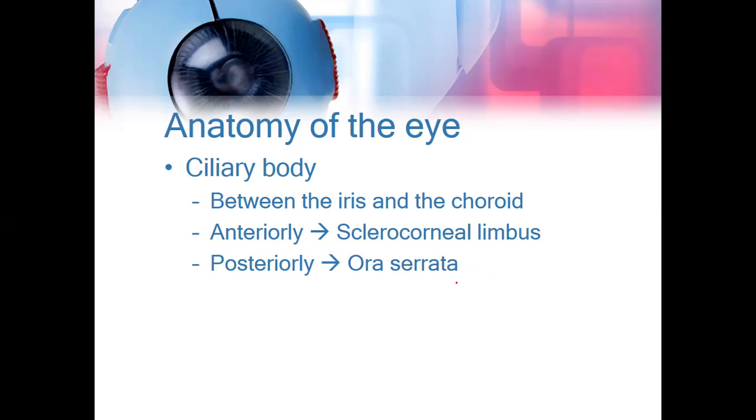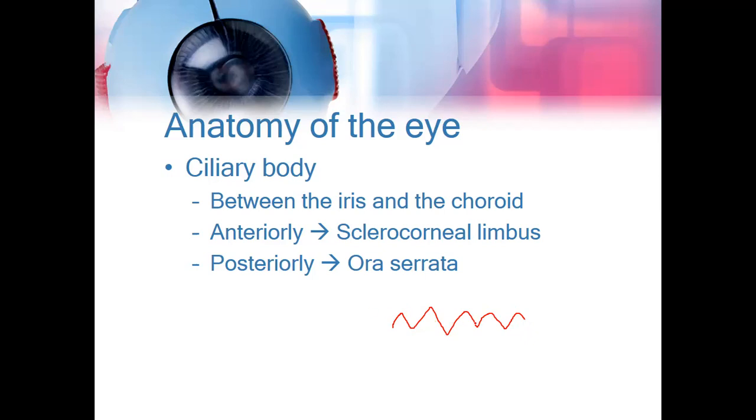Because the ora serrata is actually the most anterior part of the retina, and it is called serrata because it has this shape. It's like a saw, right? Similar to a sierra.